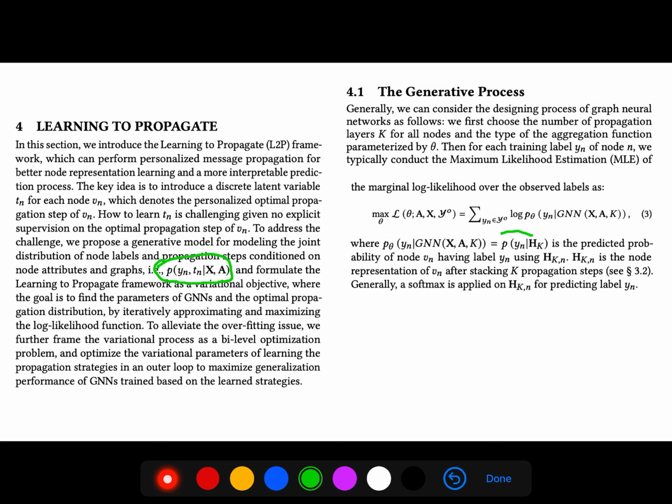So this is the predicted probability of node v sub n having label y sub n using h sub k n, where h is the node representation of node v sub n after stacking k propagation steps.